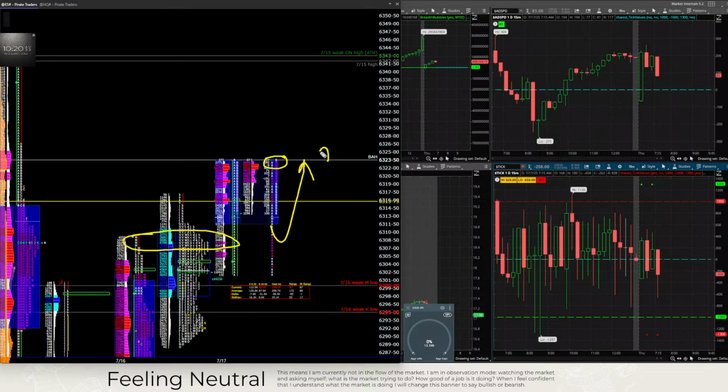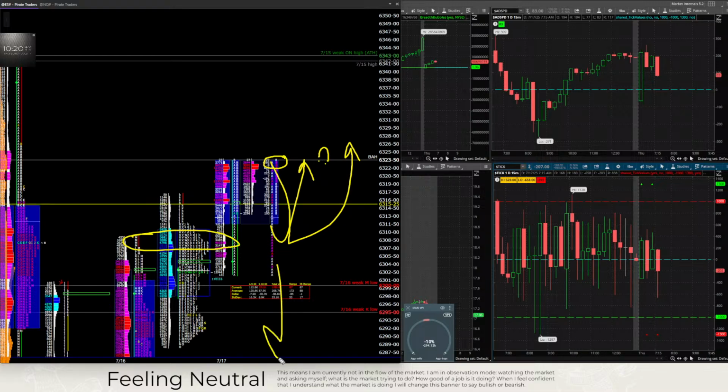A poor high is a magnet for price. So it's very common the market will push away from that poor high, then come back later in the day and repair it. So I would not describe myself as bearish, like we need some massive pullback. But I would say this is not a moment to be long. I'd wait until we get good, strong hand support and confirmation from the ticks.